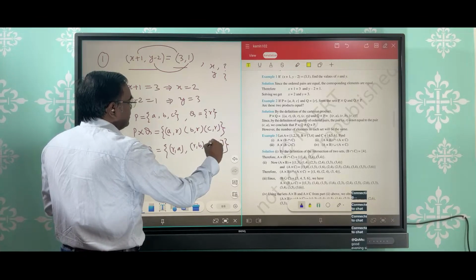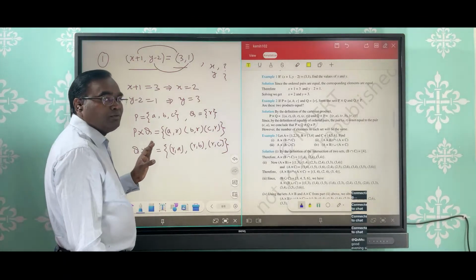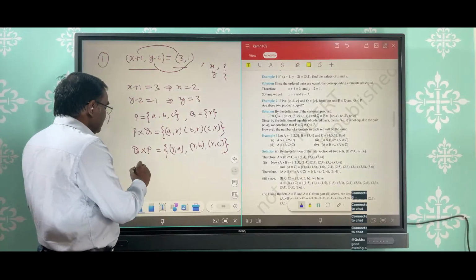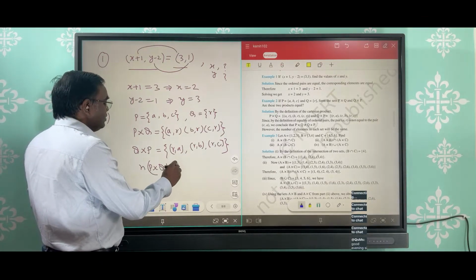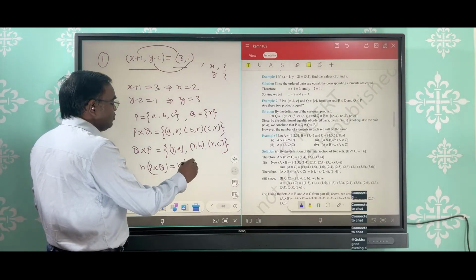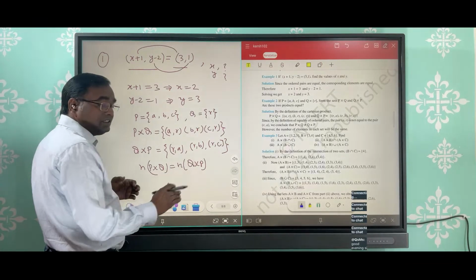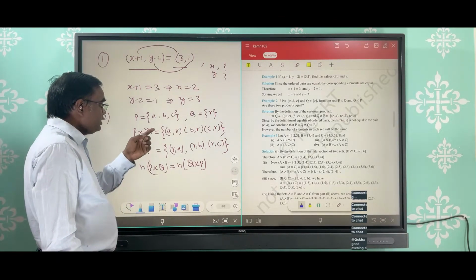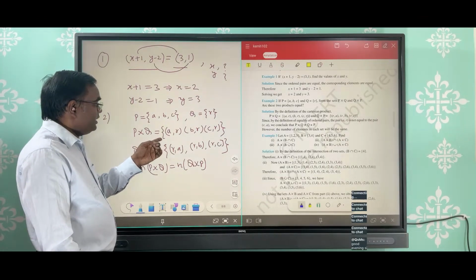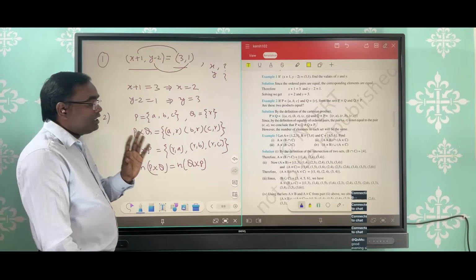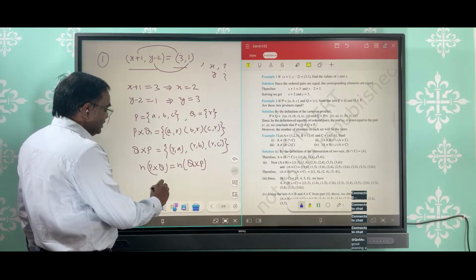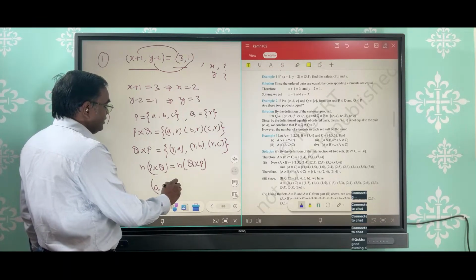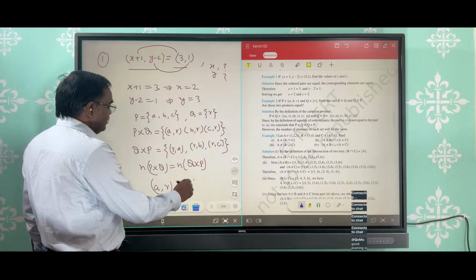So you can see that the total number of elements in P cross Q is equal to the total number of elements in Q cross P. The number of elements is the same, but their values are different. The ordered pair A, R can't be equal to R, A generally. They are different.